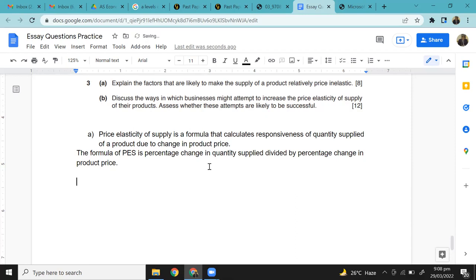Next we have to explain what is price inelastic. What is price inelastic?